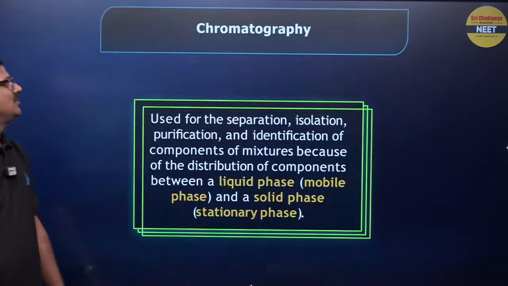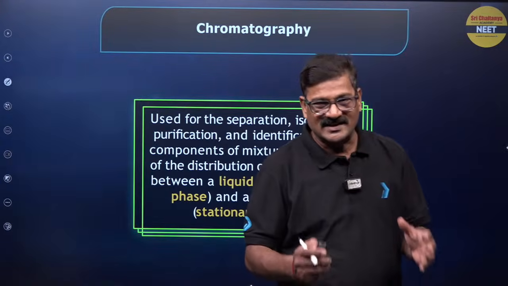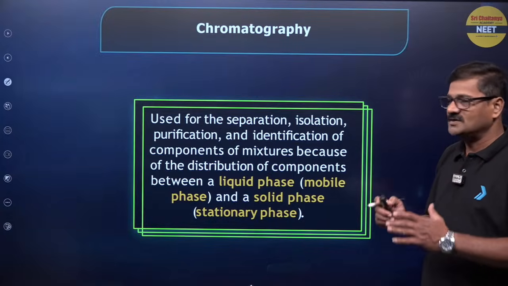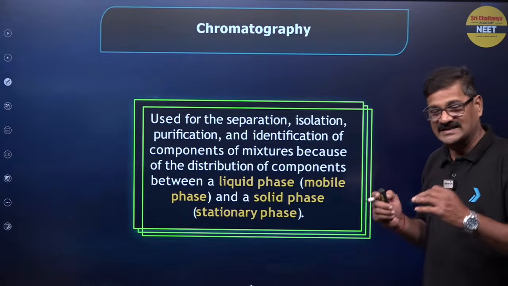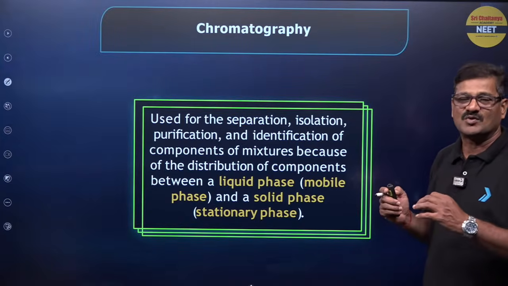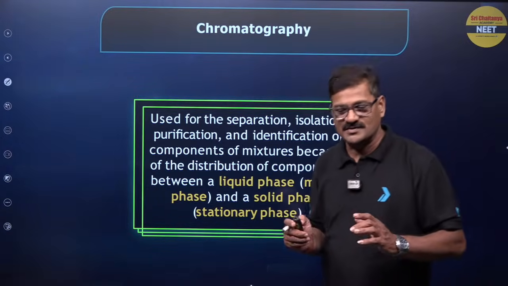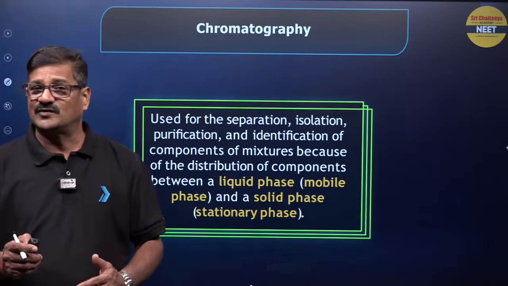Fine. Now chromatography. Chromatography is a super awesome technique. It is used to purify, detect, quantify and characterize organic compounds. It is the most sophisticated technique that we use in chemistry.